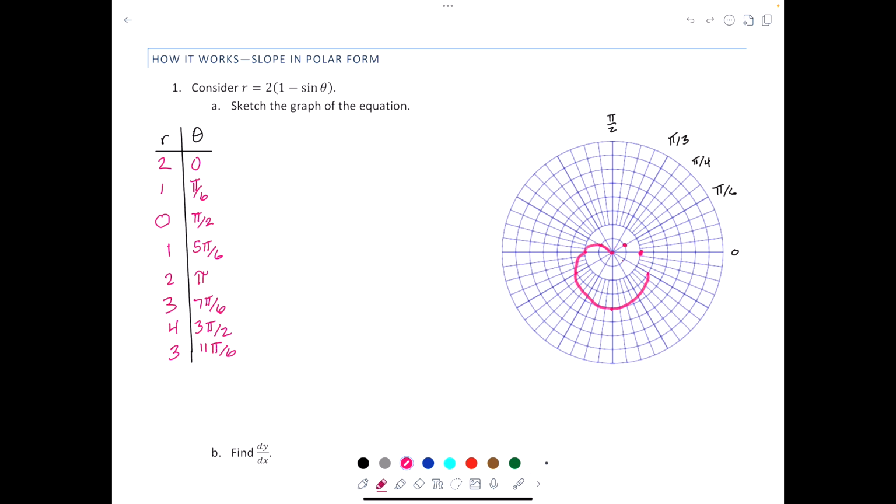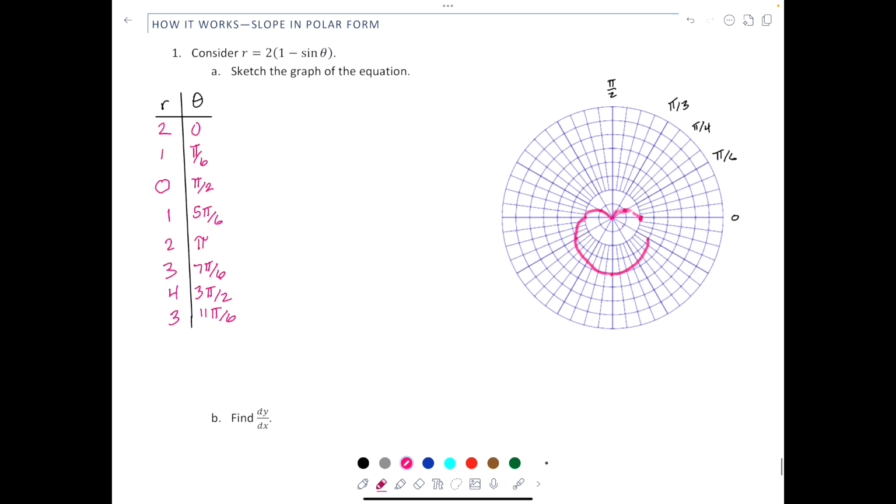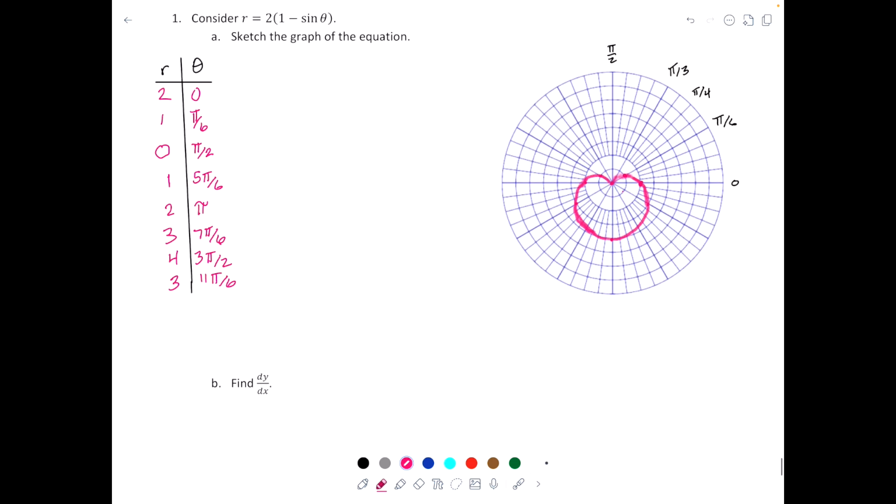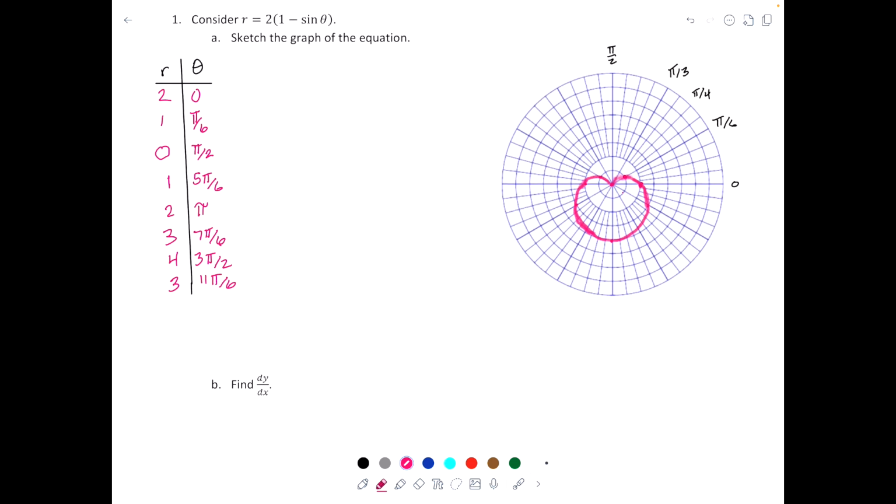Sorry, I have a crack in my screen, so when I use the pencil, it gets a little funky sometimes. All right, so you got something like this, a cute little heart. Cool, cool. That wasn't so bad to draw, was it? All right, so a limacon has a lot of different variations.